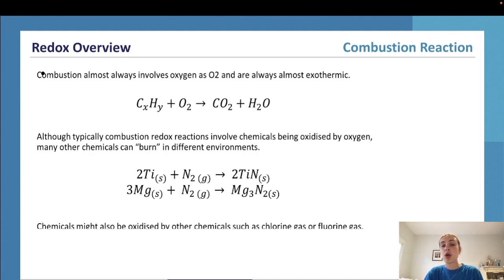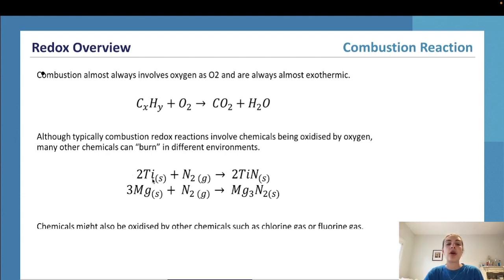But typically it's going to be oxygen, and that's the one which you look at throughout grade 12 and units 3 and 4. Here are some examples just to show that it does in fact occur under other circumstances, so don't be surprised if someone does mention a combustion reaction which burns in a different condition.